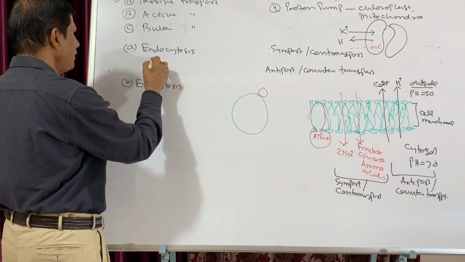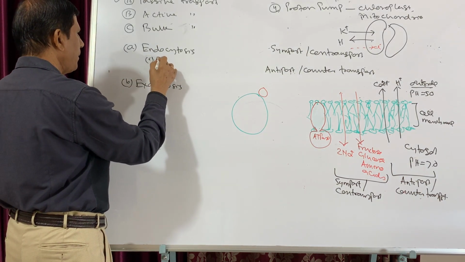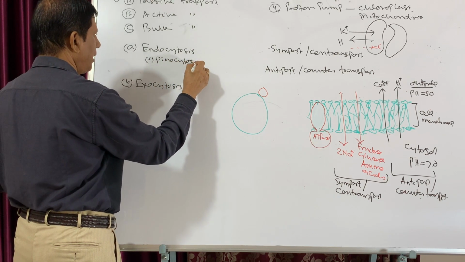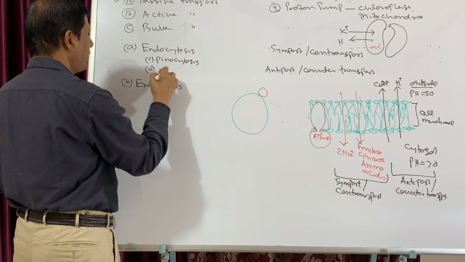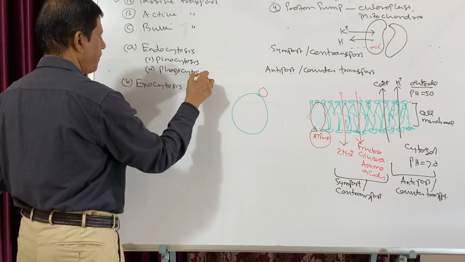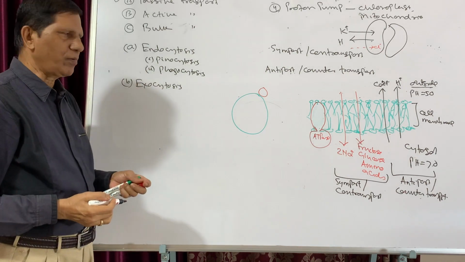Now this endocytosis is again of two types. It may be pinocytosis and phagocytosis. So let us discuss one by one.